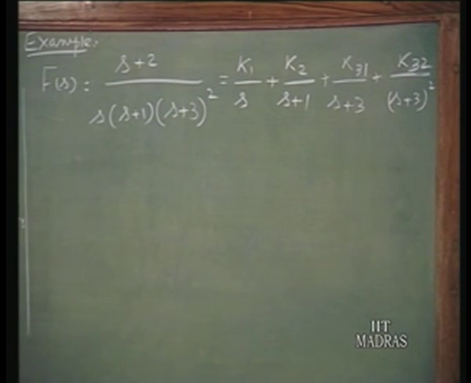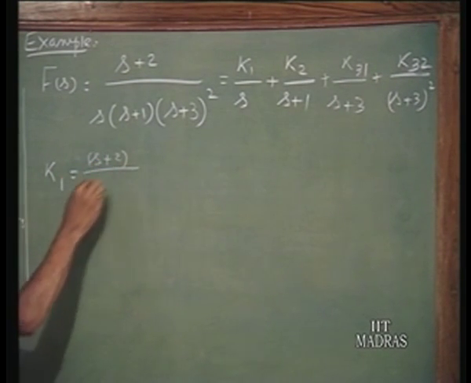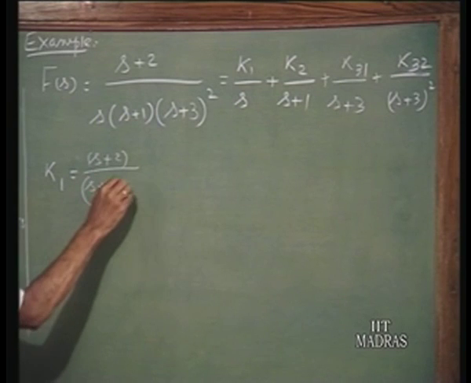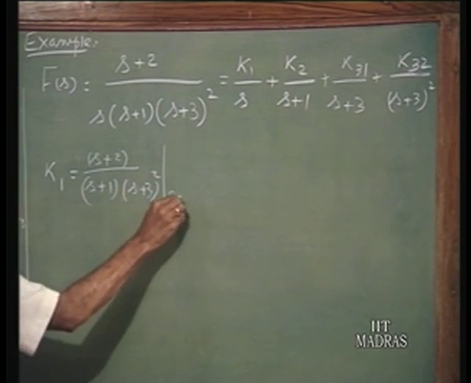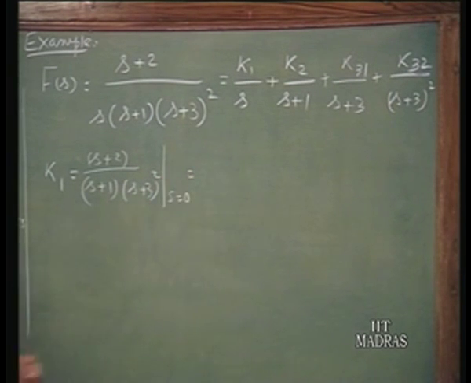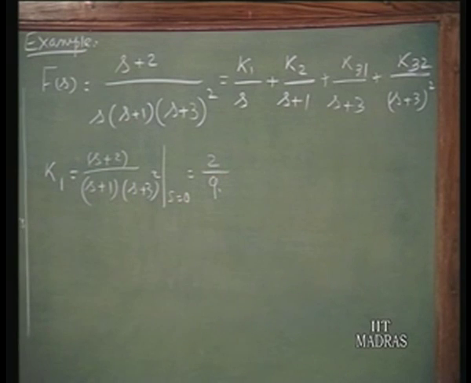Now to find out k1, we proceed in the same straightforward fashion: multiply this by s and substitute s equals 0. Therefore s plus 2 over s plus 1 times s plus 3 whole squared with the substitution s equals 0 gives me the value 2 by 9, no problem at all.